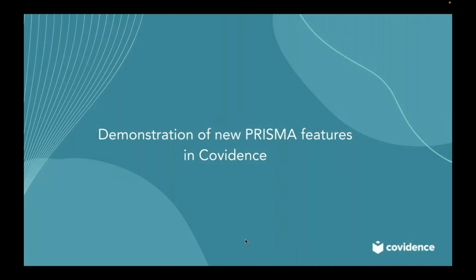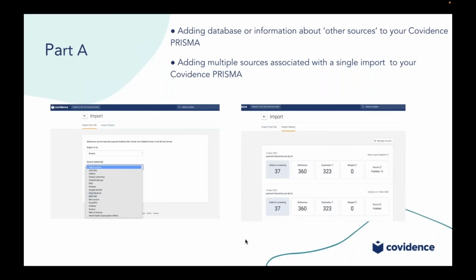So Covidence has recently added a number of features relating to source checking as well as the Prisma diagram. Today, what we're going to do is first learn how to add database information to your Covidence Prisma. Second, how to add information about other sources, besides databases and registers, to your Covidence Prisma.